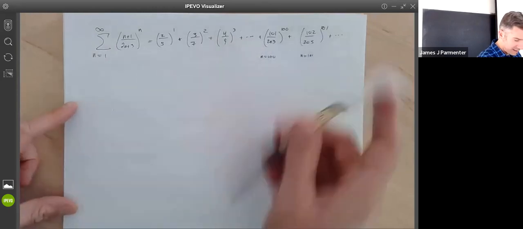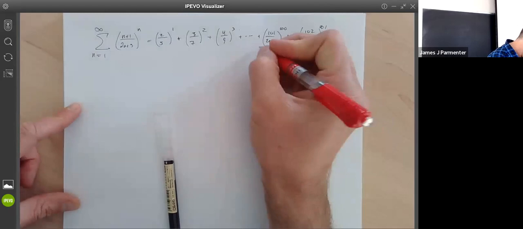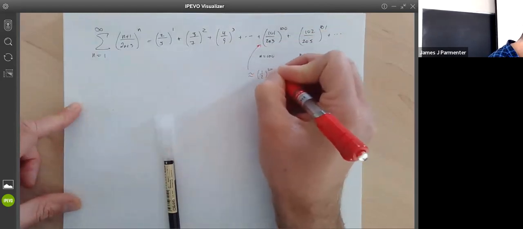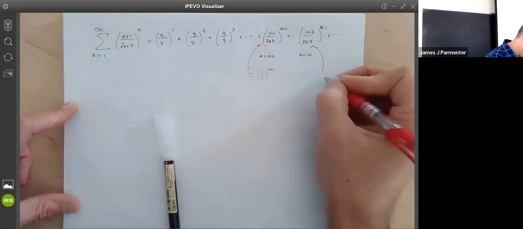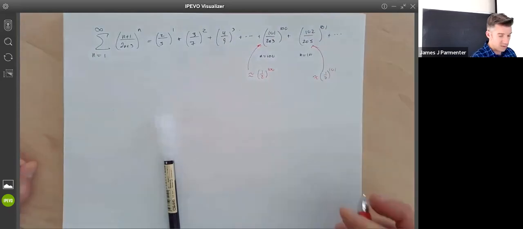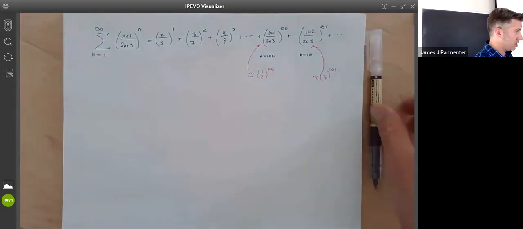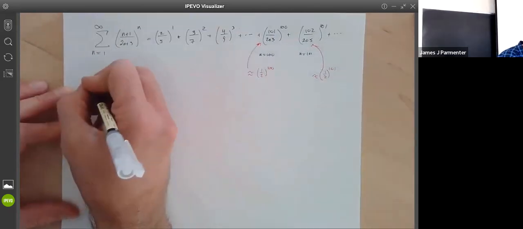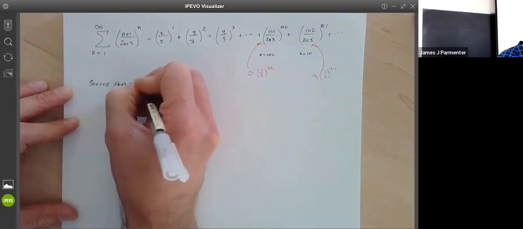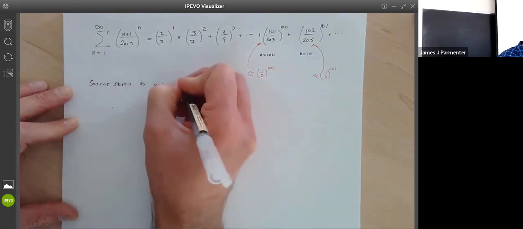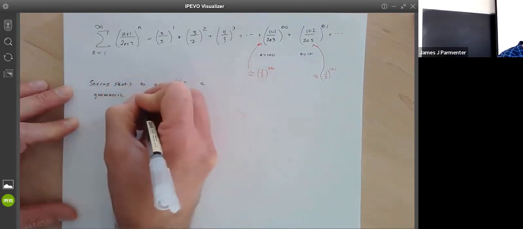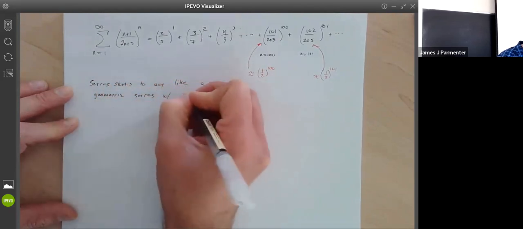So this term here is essentially 1/2 to the 100th power, and this term here is essentially 1/2 to the 101st power. In a very similar way as the ratio test, this series starts to act like a geometric series with r equal to 1/2.